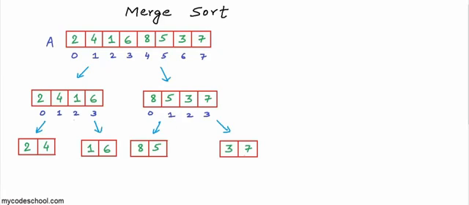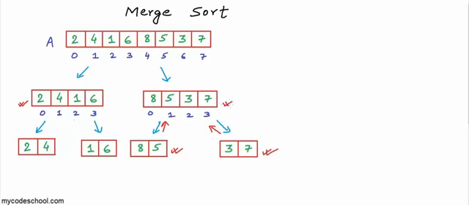The solution for 2, 4, 1, 6, this particular sublist, can be constructed after we sort these two sublists 2, 4 and 1, 6 and merge them back. And similarly we can sort these two sublists and merge them back to sort this 8, 5, 3, 7 sublist.